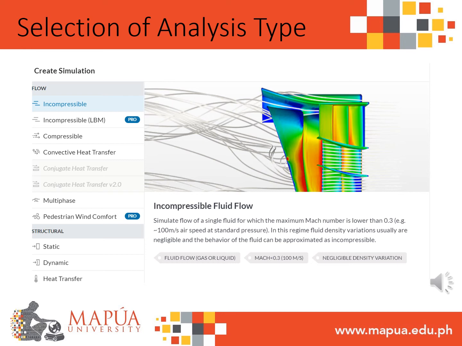If we look at the description under incompressible fluid flow, we can see here that this is for a fluid with a speed less than 100 meters per second at standard pressure, and this is also for an assumption of constant density. Since that's what we stated in our chapter 1, I can say that incompressible fluid flow is the most suitable analysis type for us.